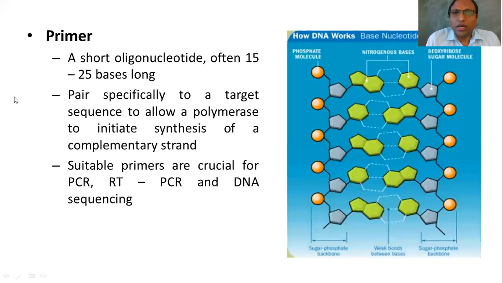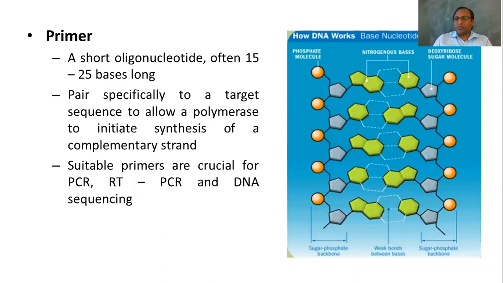So what is meant by primer? A primer is a short oligonucleotide, often 15 to 25 bases long. As we have seen earlier in molecular biology, a primer acts like a starting position, the starting sequence, so it has to be of a lesser length. A primer can be artificial, or if it is taking place inside our body or in a cell, it is a natural primer, and in some cases this is the RNA primer.